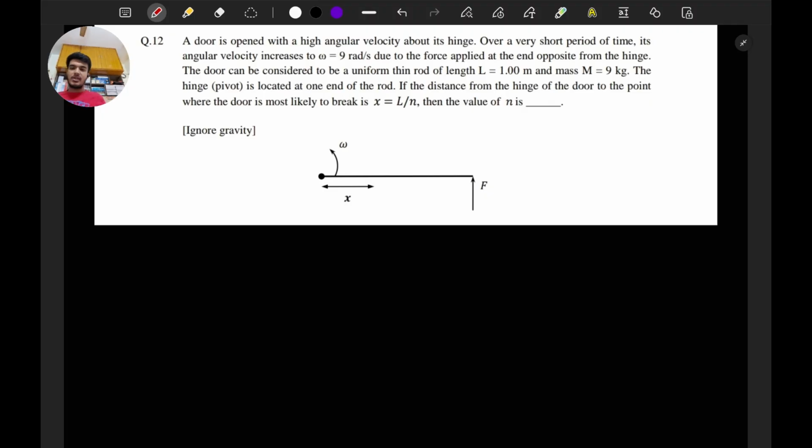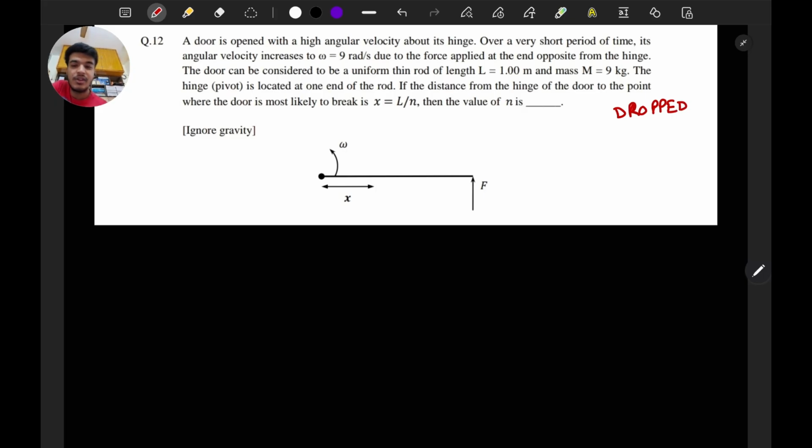The concept used comes from the physics of materials or elasticity, when we talk about the breaking and bending of rigid bodies and the rotational effect due to that. These things are not taught in your JEE syllabus, that's why this question was dropped in the answer key.